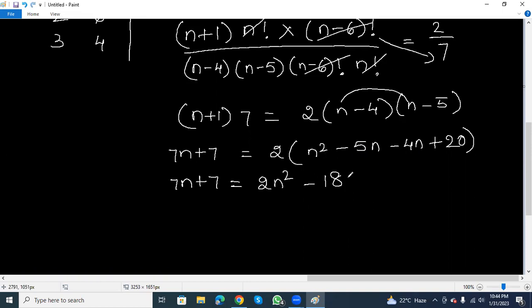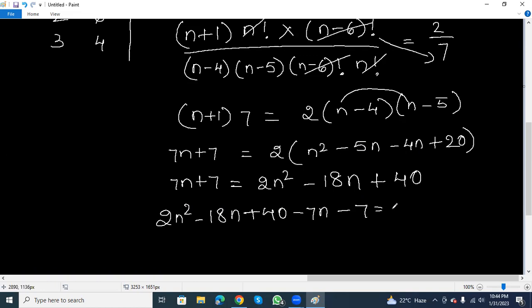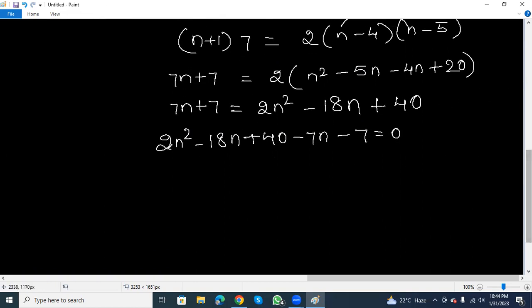Plus 2 tens are 40. Now bring everything to one side. Right side I am shifting. 2n square minus 18n plus 40 minus 7n minus 7 is equal to 0. So 2n square minus 18 minus 7, like signs get added, so minus 25n.